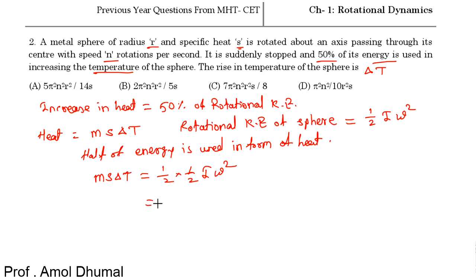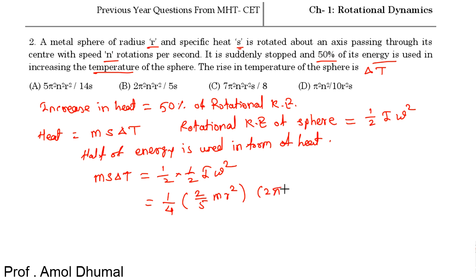So this is equal to 1 by 4 into the moment of inertia of the sphere, which is given by the formula 2 by 5 m r square, where m is the mass and r is the radius of the sphere, into omega square.